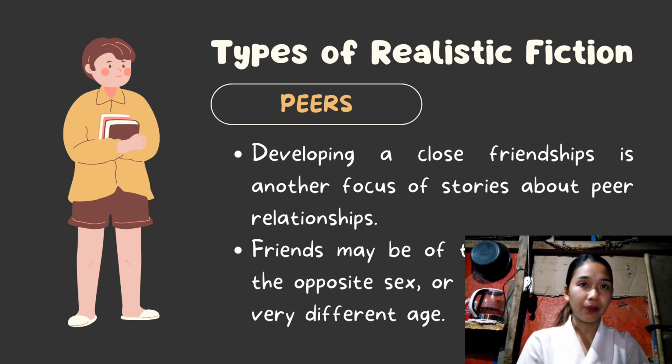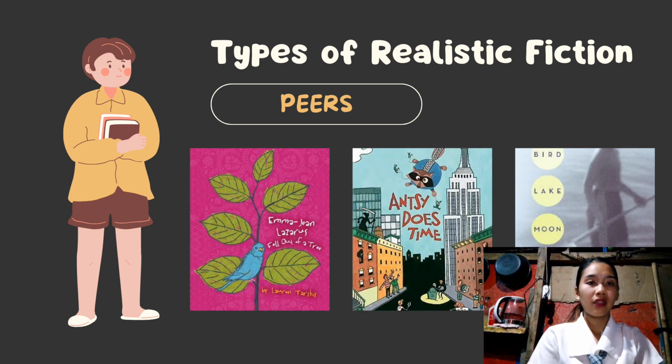Diverse friendship: friendship spans same and opposite sexes and ages, reflecting varied dynamics that teach empathy and acceptance. Examples of peer books portraying realistic fiction are Fell Out of the Tree, Ansi Dust Time, and Bird Lake Moon.